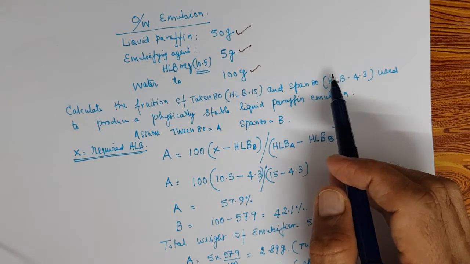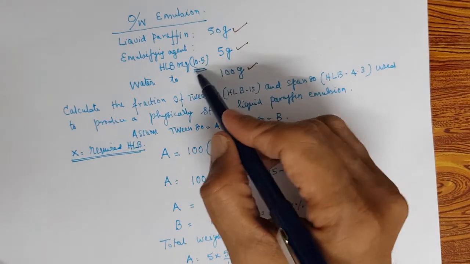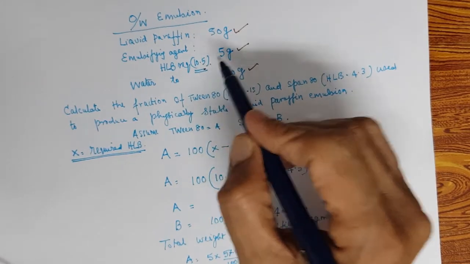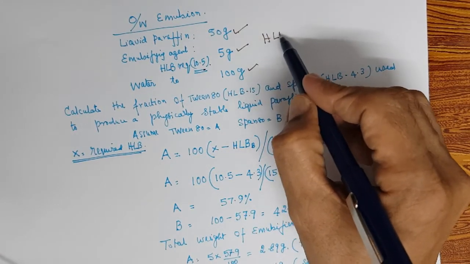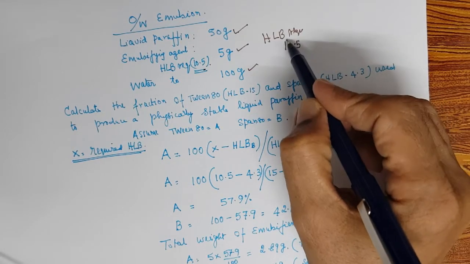Liquid paraffin 50 grams, emulsifying agent 5 grams and water to 100 grams. I have calculated that the HLB required for this product is 10.5.